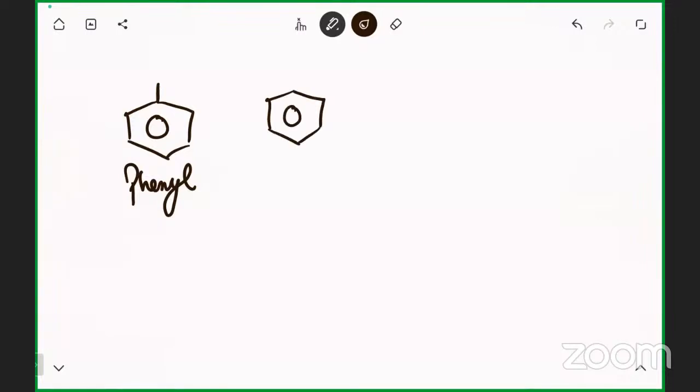Before I make this structure, you were telling me the names. Very good. Okay, so if benzene is there and one bond is empty, or nothing is bonded at that position, it is considered as phenyl. If benzene has one CH2 group attached and one valency of this carbon is still vacant, you'll say benzyl.